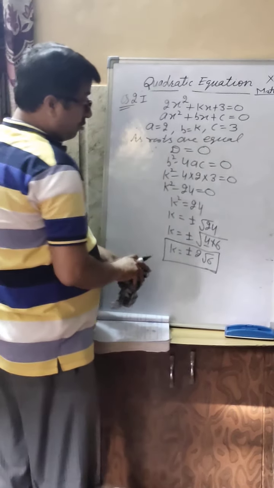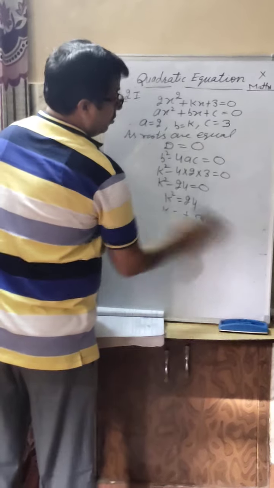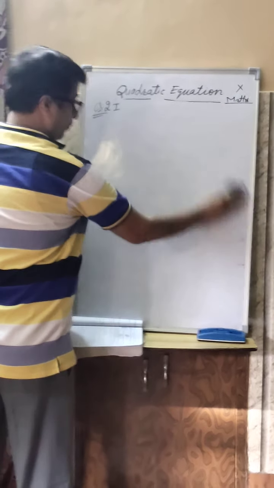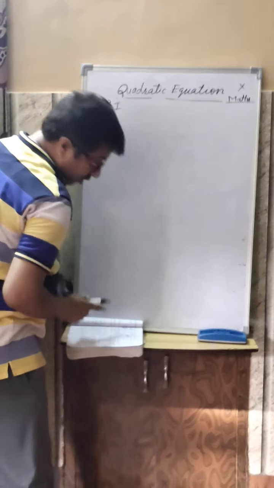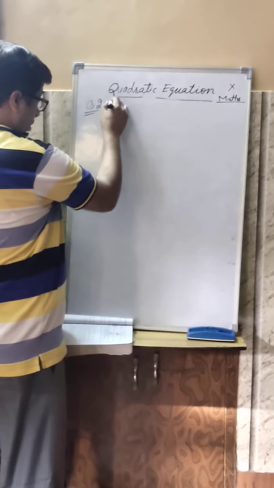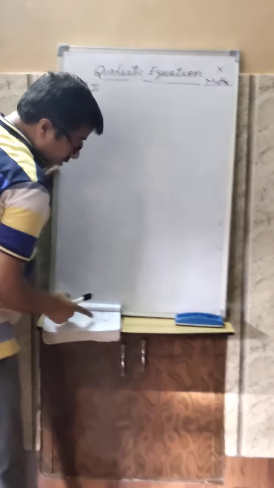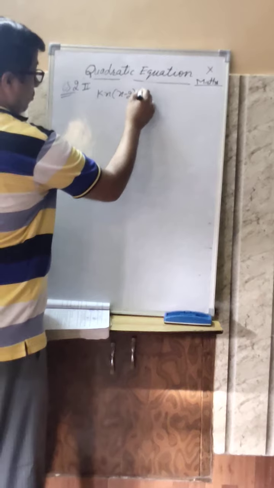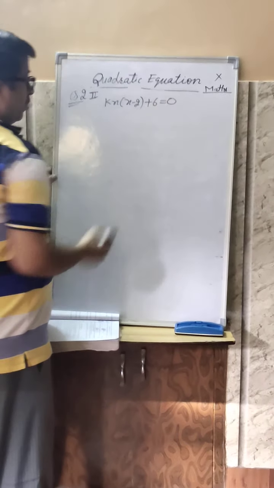So your second part also is very much important. You see the second part. What is the second part? In this equation, kx into x minus 2 plus 6 equal to 0.